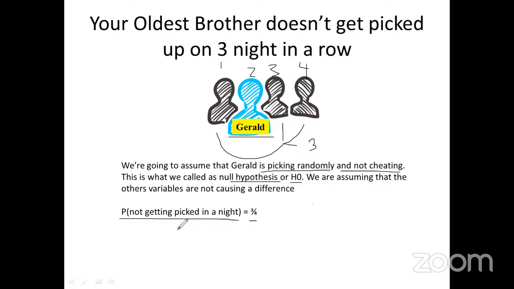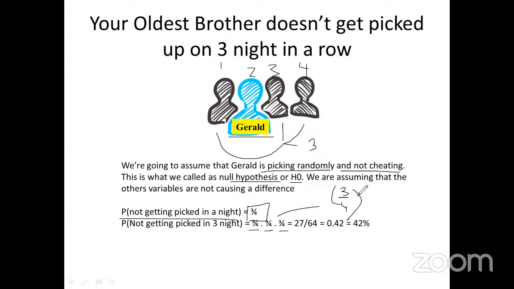So the probability of not getting picked in a night is 3/4. The probability of not getting picked in 3 nights is 3/4 multiplied by 3/4 multiplied by 3/4, or 3/4 to the third, which is 27 over 64, about 0.42, or 42%. And 3/4 is 75%. So this is the probability of not getting picked.